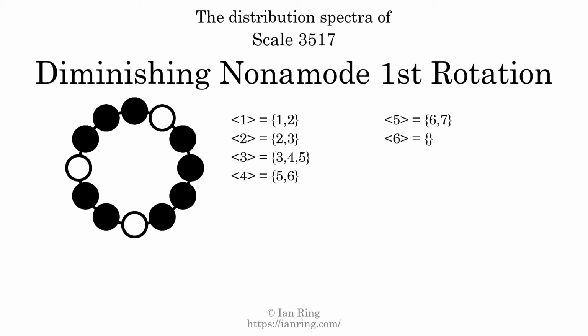The generic interval of 6 scale steps comes in 3 different specific interval sizes, 7 semitones, 8 semitones, and 9 semitones. The spectrum width of this generic interval is 2. The generic interval of 7 scale steps comes in 2 different specific interval sizes, 9 semitones and 10 semitones. The spectrum width of this generic interval is 1.